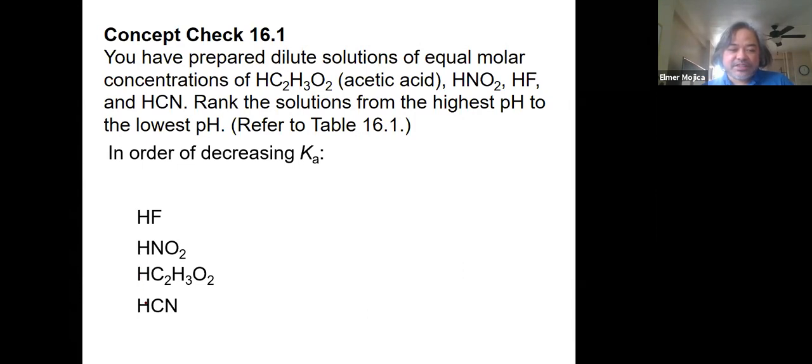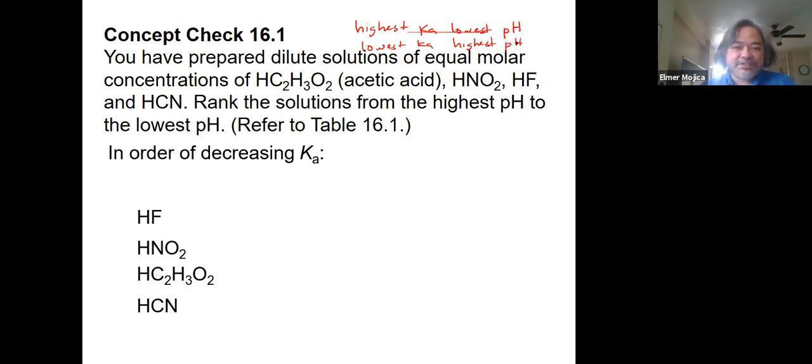HNO2, acetic acid, and HCN, all we need to do is find which one has the highest Ka. The highest Ka will give you the lowest pH, or we could say the lowest Ka will give you the highest pH.